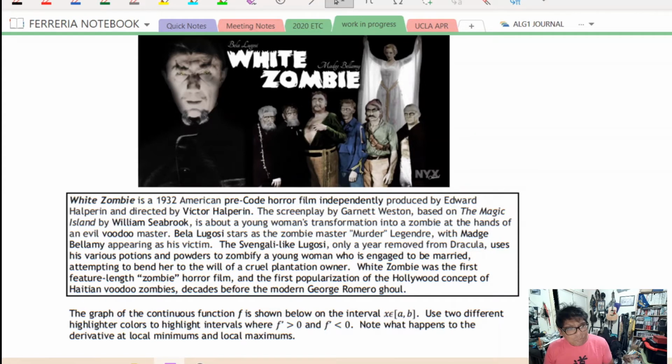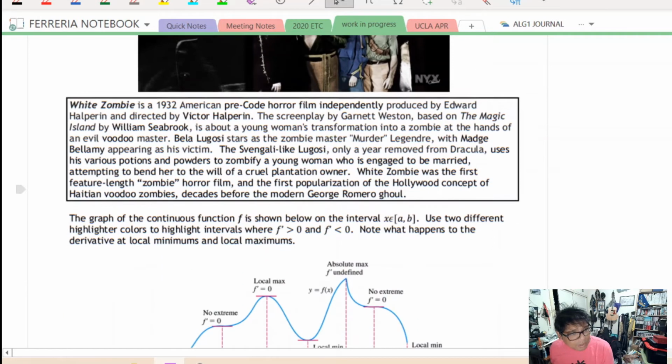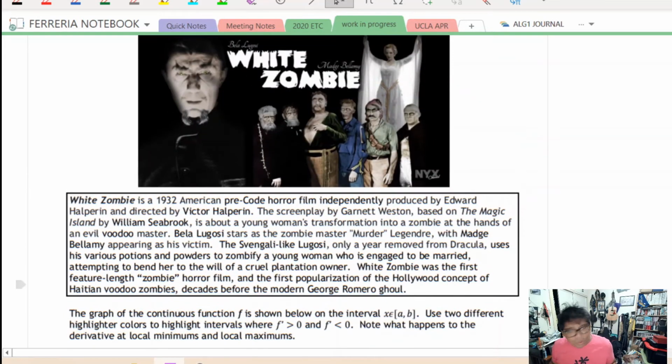And the important part about this is he tries to zombify a young woman, of course, a young woman, and that's pretty much all we need to know for this one right now. The movie basically follows this woman turning into a zombie. I think you can see her back over here, and these are his zombie henchmen out to do his bidding. So we'll get into that in 1 second with our context.